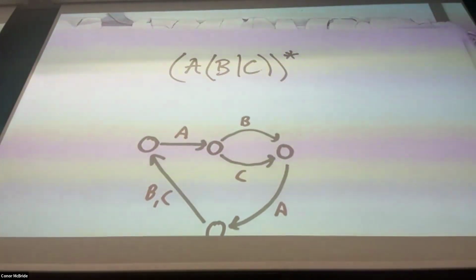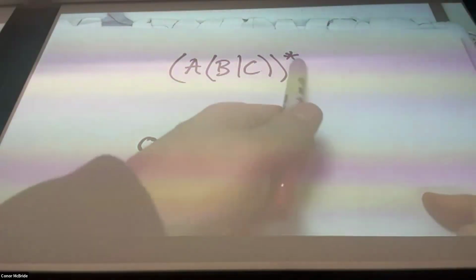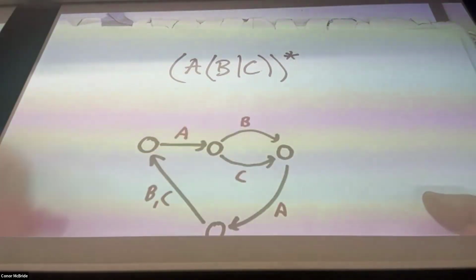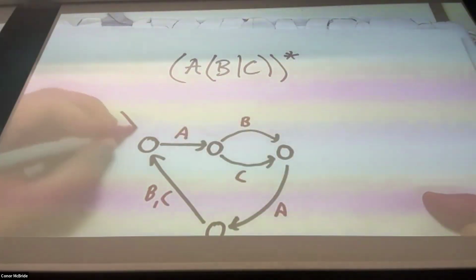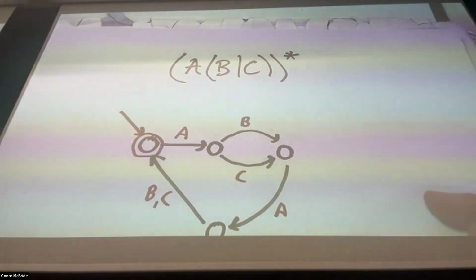But I also need to say, what are the accepting states? So the star says I'm happy if I get no input. So if I go around 0 times, then actually my initial state is accepting.